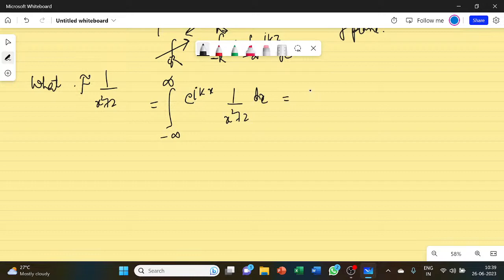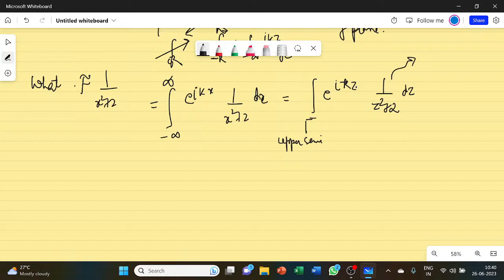Now the students wrote it as an integration over gamma, where gamma is the upper half of the semicircle, e to the power iota kz, 1 upon z square plus 2, and then you have this dz.